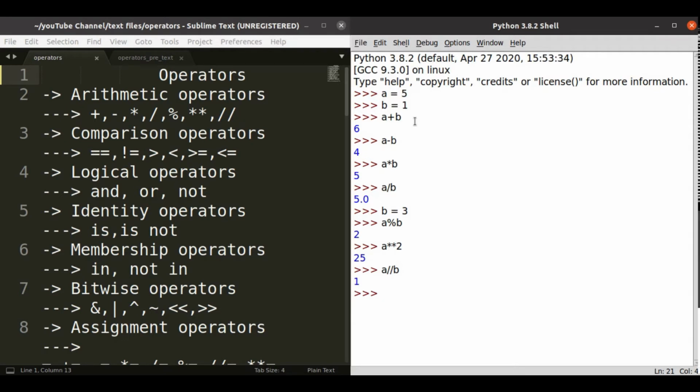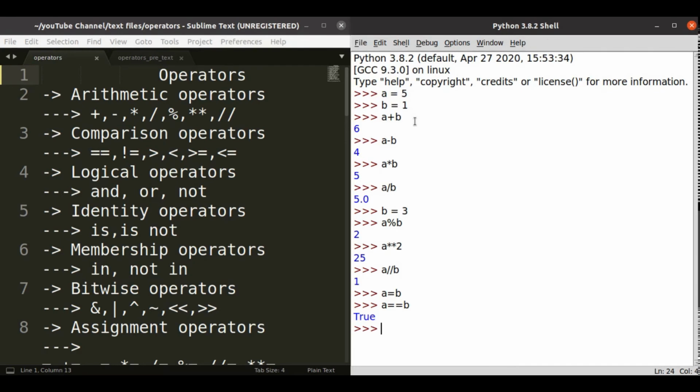And next, comparison operators. These comparison operators are used to compare two values to make a decision while programming. Now consider A equal to B. In mathematics, generally, A equal to B says that A is equal to B, whereas in programming languages, A equal to B means an assignment.